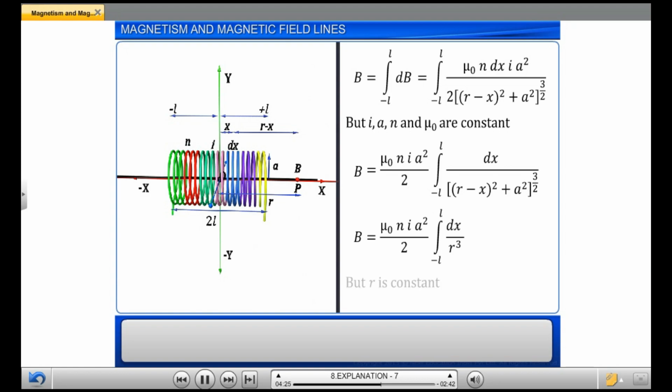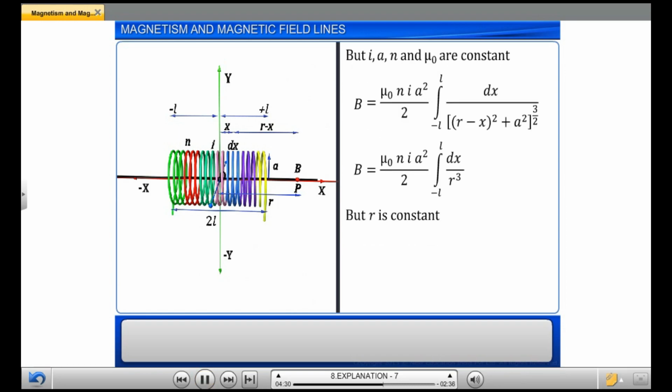But the distance of the point P from the origin, r, is constant. Thus, B is equal to mu naught n I a square by 2 r cube into the integral from minus L to L of dx.